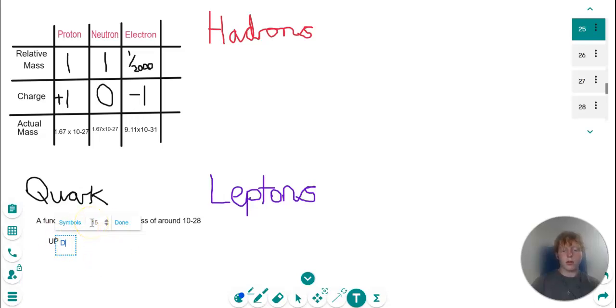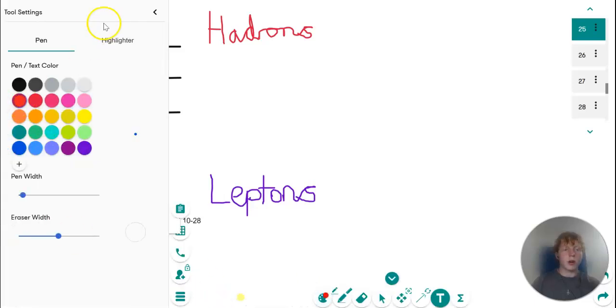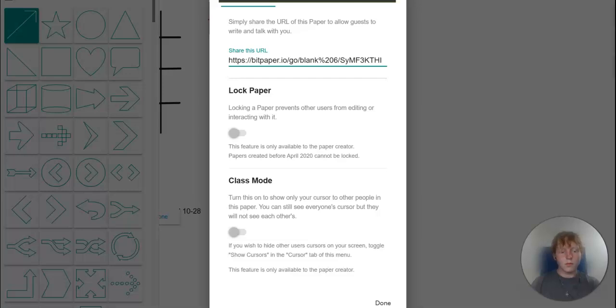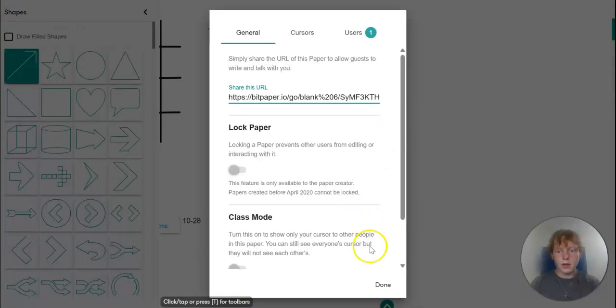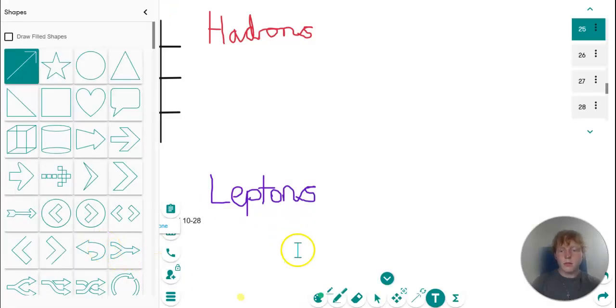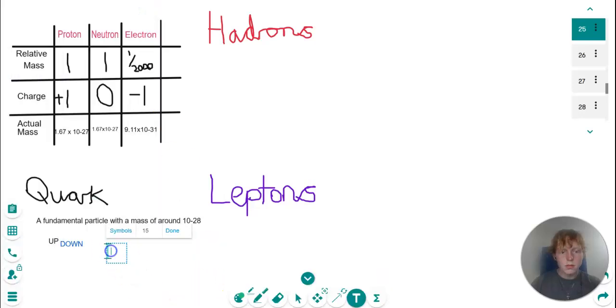We've also got the down quark, and we've got something called the strange quark. So we'll just make a note of these for now, but we'll understand how they build up particles and their properties later. Okay?